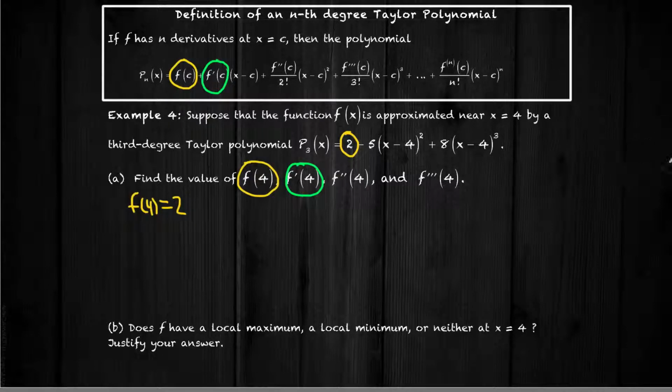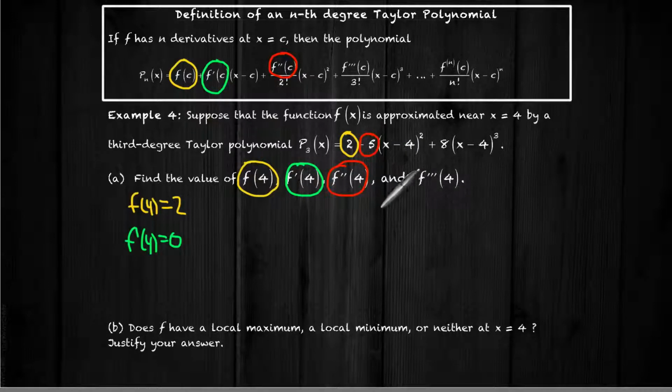So therefore, that lets us know that f prime of 4 must be 0. And so now we will look at f double prime of 4. f double prime of 4 is going to be this value right here, and the coefficient is going to be negative 5.